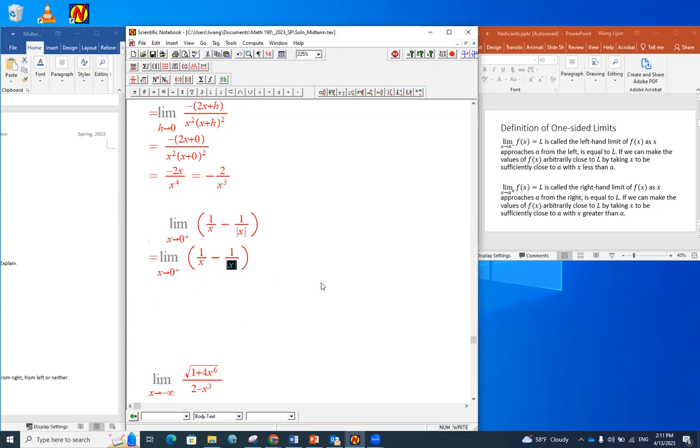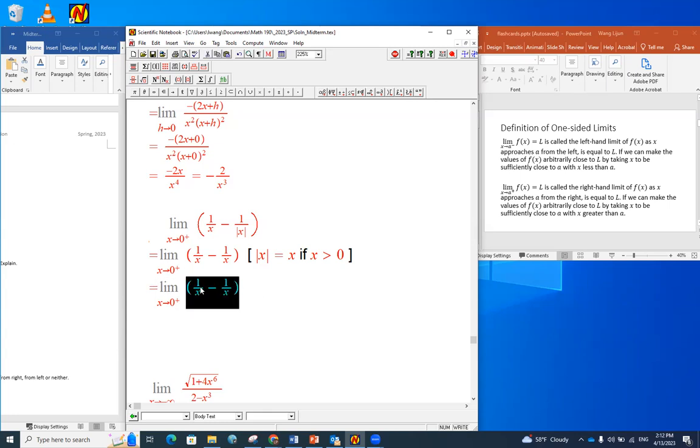The absolute value of a positive number is the same as the number, if x is positive. We know that. And therefore, this piece is replaced by x, because when x is positive, that's true. And then what? Well, in the setting, 1 over x minus 1 over x is 0. So the limit is 0.